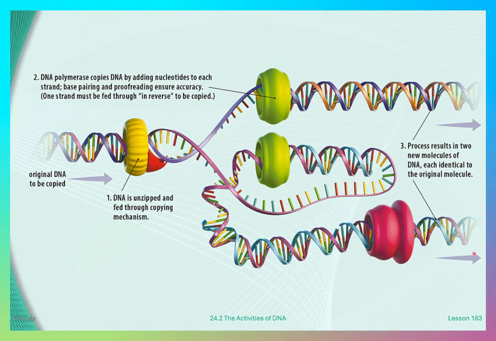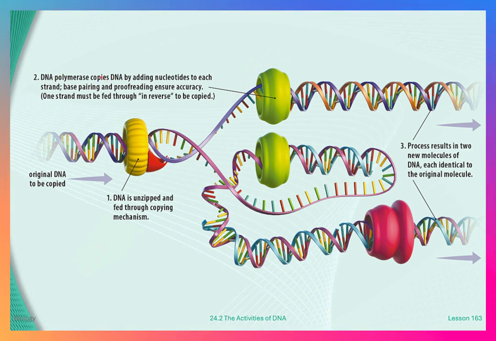So here's a diagram to show how DNA is replicated. The first part is you have an original strand of DNA to be copied, and the DNA is unzipped by an enzyme that unwinds the DNA from its helical structure and unzips the base pairs. Both the unzipping and unwinding occur initially, and then one strand each goes in a different direction.